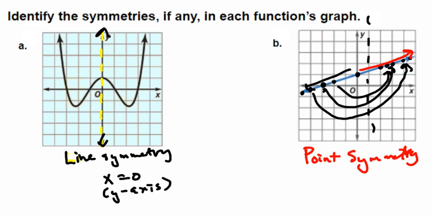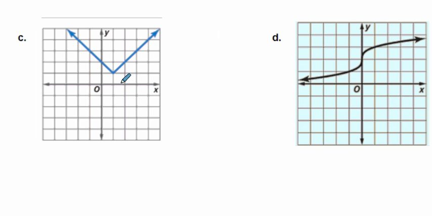It doesn't have a particular point. So any point on the graph that you can find, you can take this graph and spin it around 180 degrees, and everything else is going to map on top of each other, okay? All right, let's look at this one.